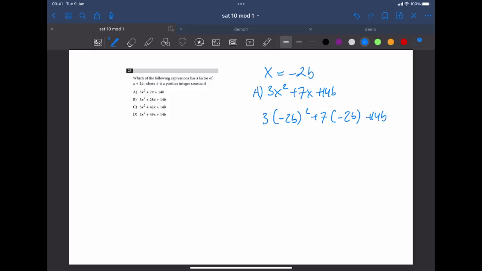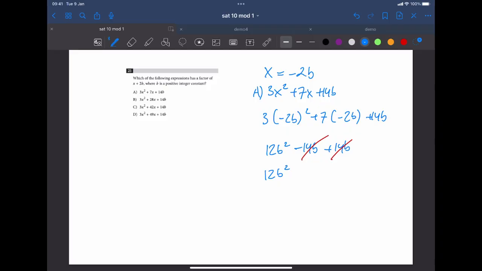We can multiply the 3 and the 7 in. Negative 2 squared is 4, and 4 times 3 is 12, so we have 12b squared. 7 times negative 2b is negative 14b, plus 14b. I see that the negative 14b and positive 14b will cancel each other out. Hence we are left with 12b squared.